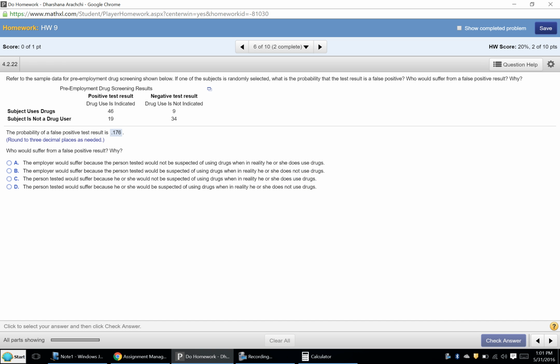We have another part. Who would suffer from false positive results? The person tested would suffer, because false positive means they are suspected of using drugs, but they are actually not using drugs. So which one is the correct one?